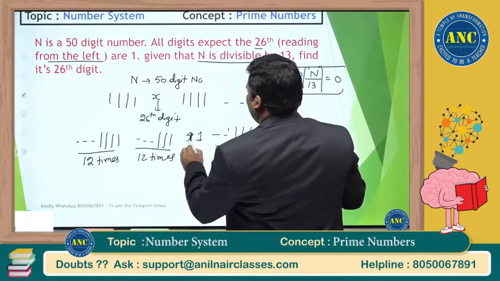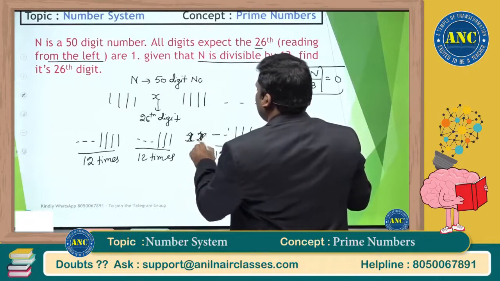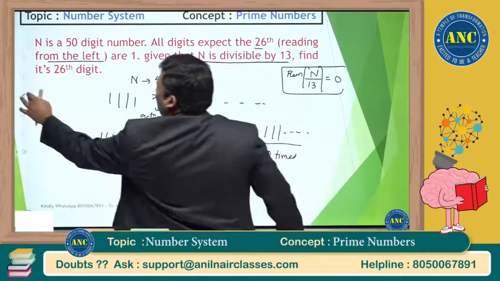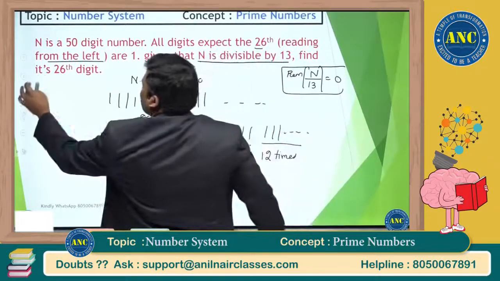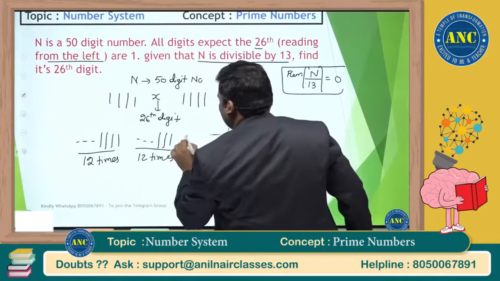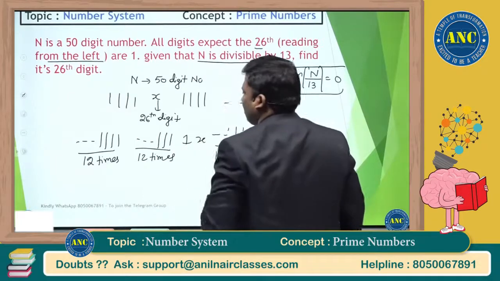So this is 1 and it is x, digits from the left. Let me erase it. I hope the idea is clear. Just a simple question, sir. 1x.